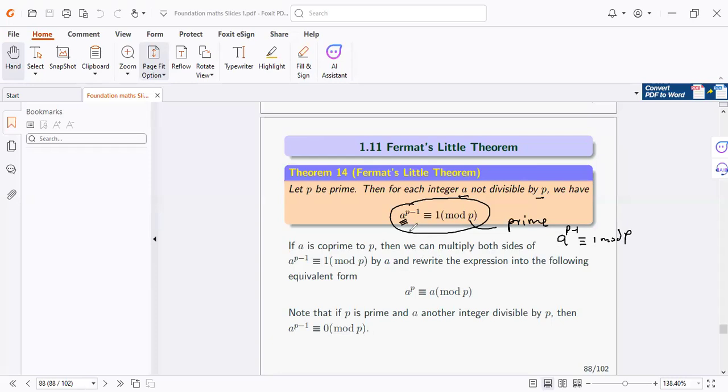Now, this expression can also be rewritten. Let's see how to rewrite it. We can rewrite it using the law of indices.